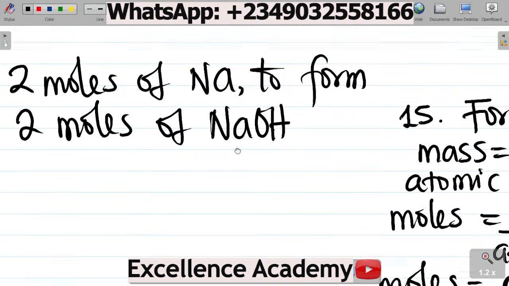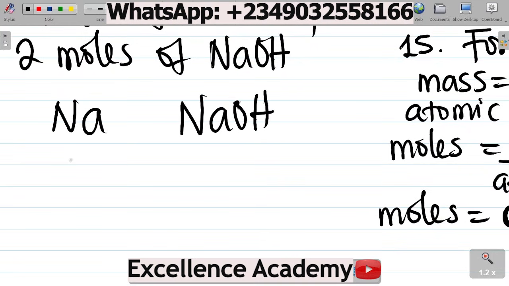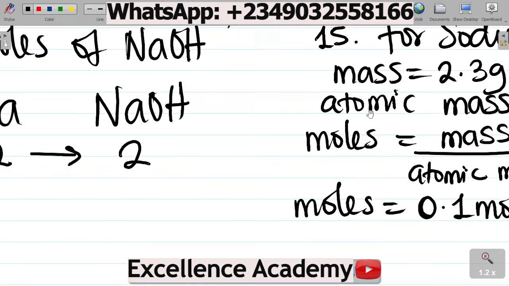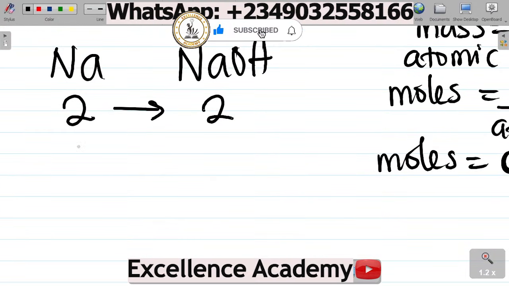Comparing sodium and sodium hydroxide, if 2 moles of sodium reacts to form 2 moles of sodium hydroxide, and we are given the mass of 2.3 gram, which after being converted to moles is 0.1 moles of sodium, how many moles of sodium hydroxide will form?